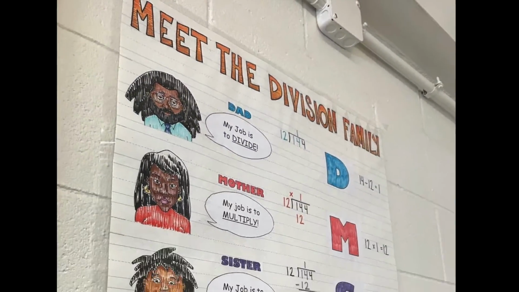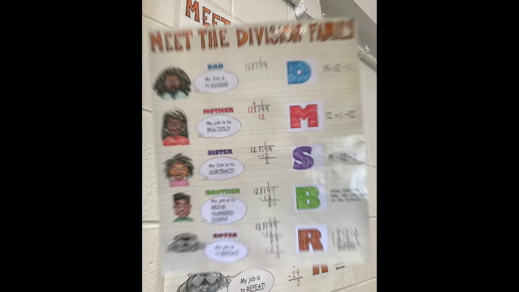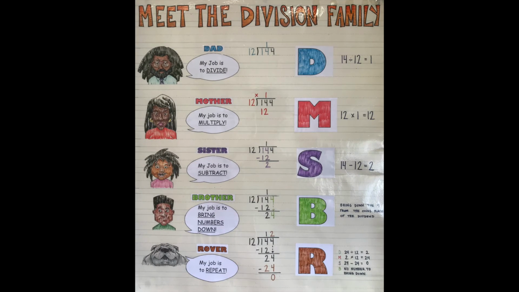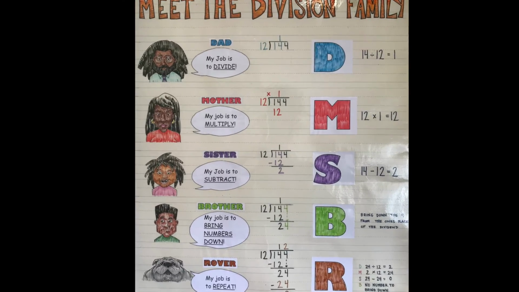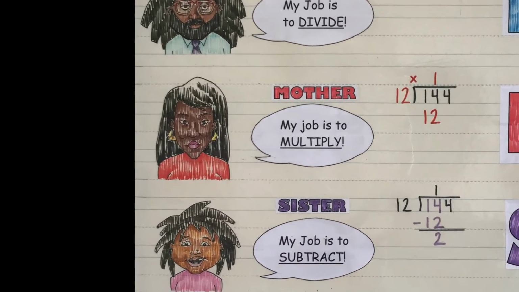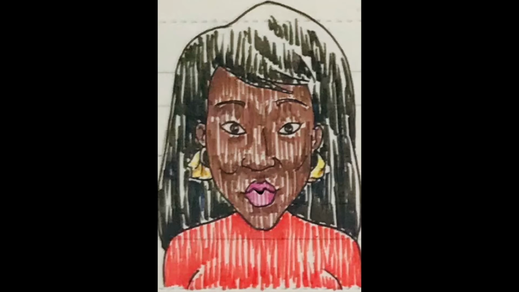At this time, my friends, the Division family, would like to introduce themselves to you and explain what each of their jobs are. I'm the dad. My job is to divide. I'm the mom. My job is to multiply.